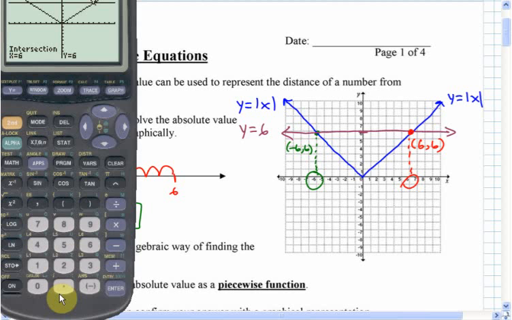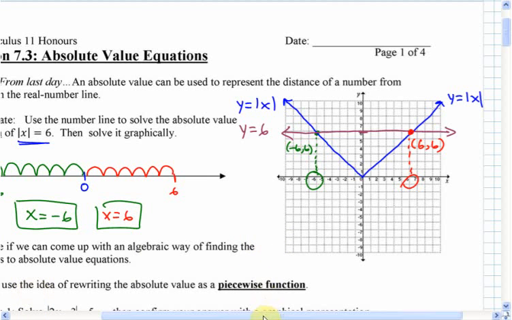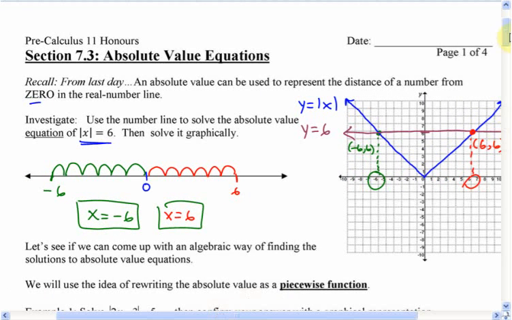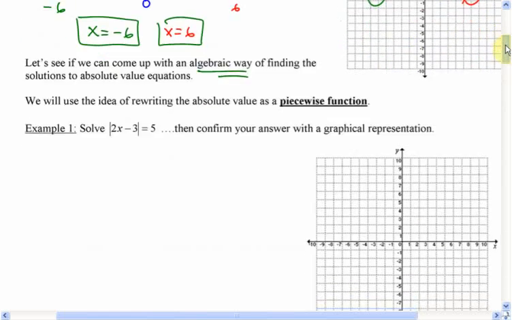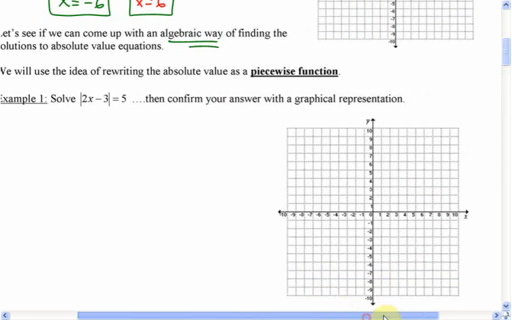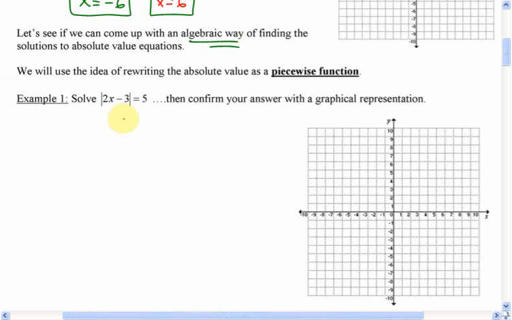Okay, ladies and gentlemen, this is what I want you to know for today for sure. How in the world do we solve these algebraically? Okay. Quiet please. You think you can solve example number 1? I bet you can right now using the graphing calculator. So let's do that right now.